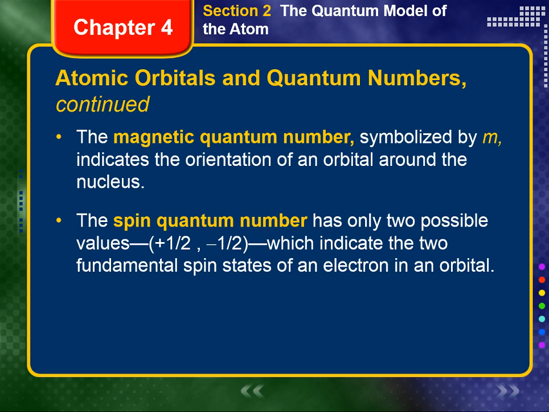The spin quantum number has only 2 possible values, +1/2 and -1/2, which indicate the 2 fundamental spin states of an electron within an orbital. A single orbital can hold a maximum of 2 electrons, which must have opposite spins.